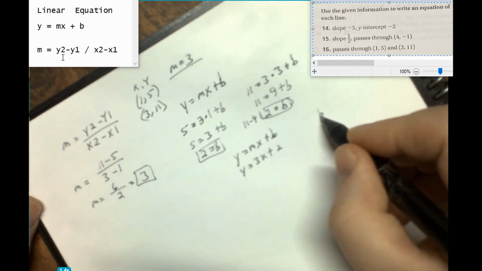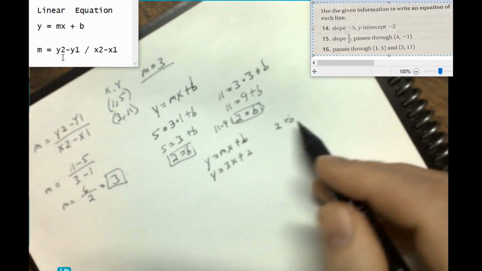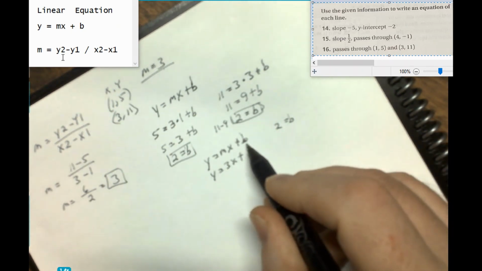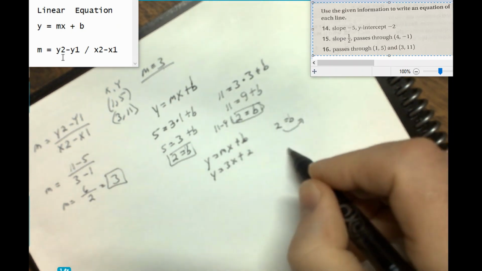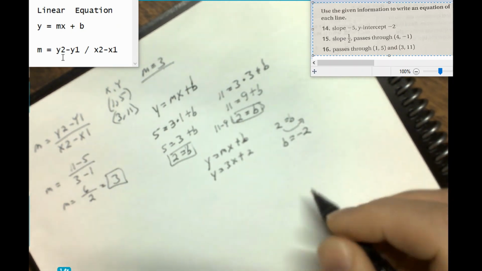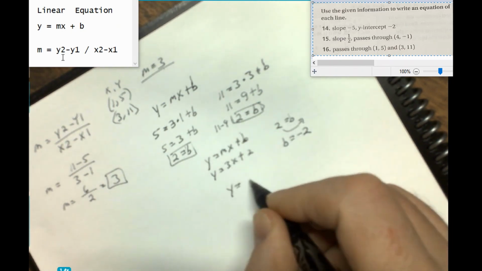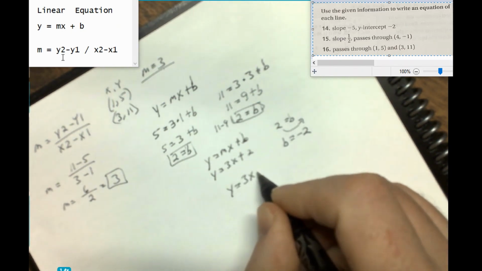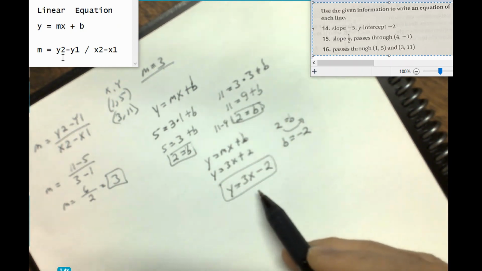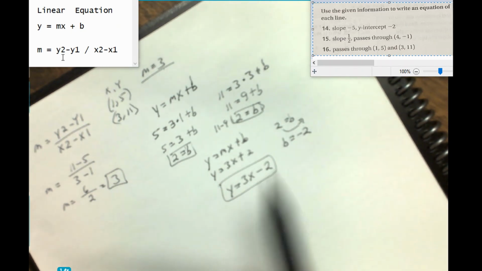You're looking at b on this side of the fence as 2, but b is here. We need to swing this over to make it b equals minus 2. So the proper way is y equals 3x minus 2. That is the equation it's looking for in number 16. It's a bit tricky.